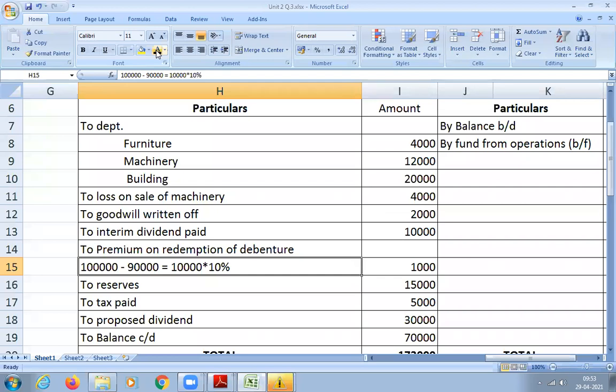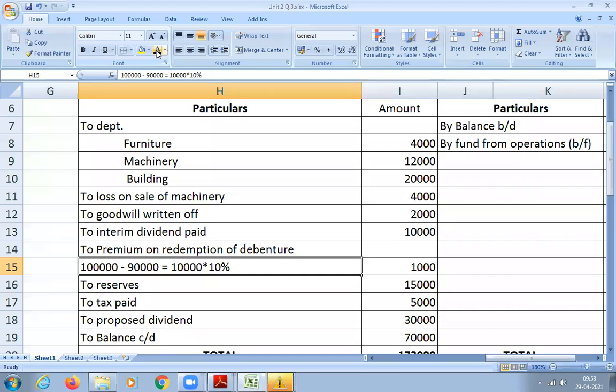See, when I'm redeeming, the redemption is actually part of your capital expenditure. But they're not redeeming at face value, they're redeeming at a premium. That premium, when they pay it, has to be shown in the adjusted P&L account. Only the premium you show here.